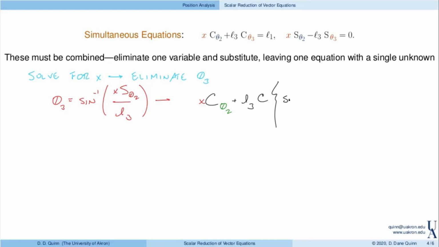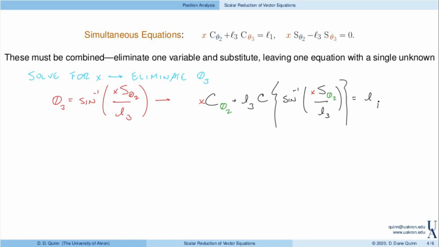Well, theta 3 was the inverse sine of x times sine of theta 2 divided by L3, and that's got to be equal to L1. Okay, so now we have a single equation in terms of x that we can solve for.